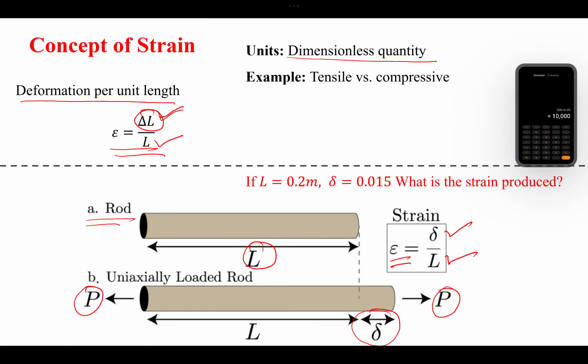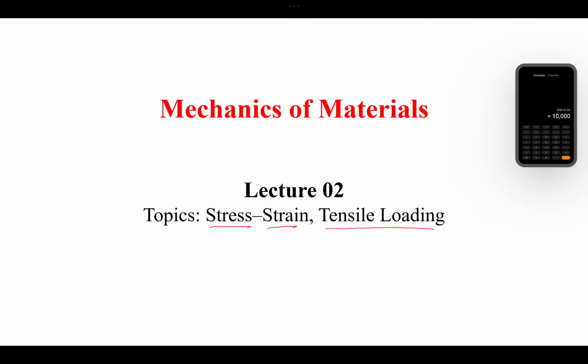Strain is a dimensionless quantity, in the sense that you have change in length in meter and original length also in meter, so your units cancel out and you get no units as a result. So it is a dimensionless quantity. For example, tensile strain or compressive strain, depending on what kind of forces are applied on the body.